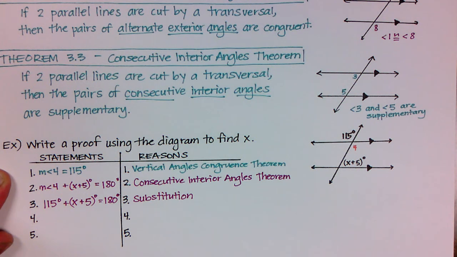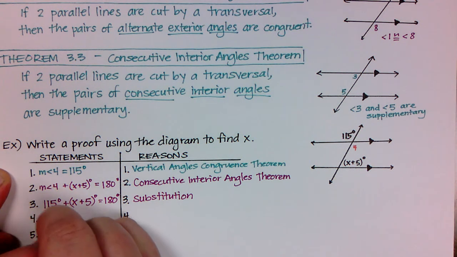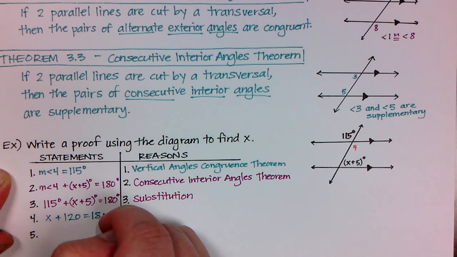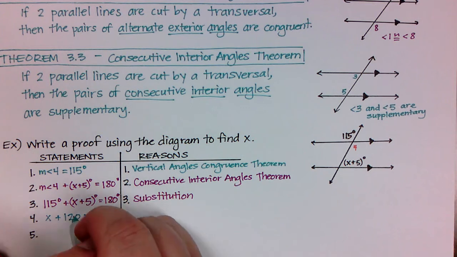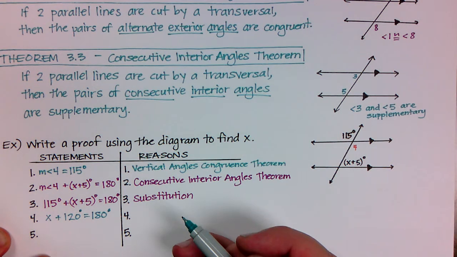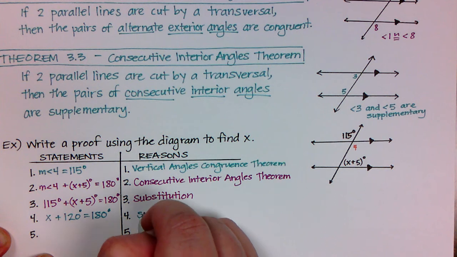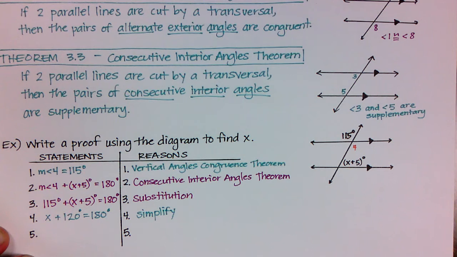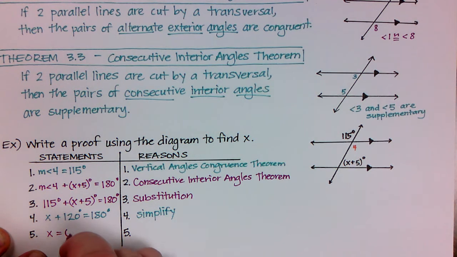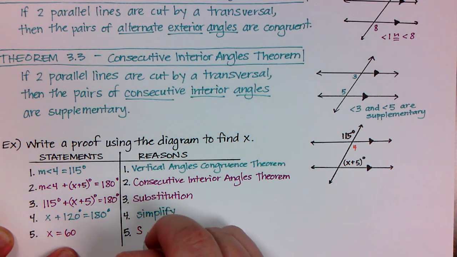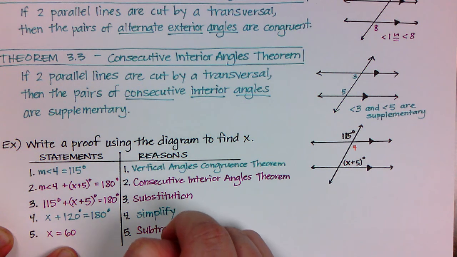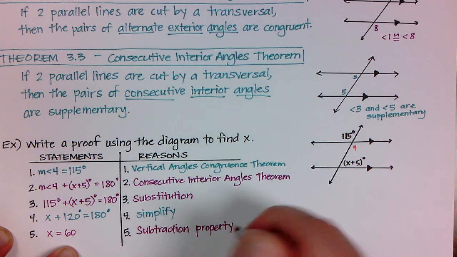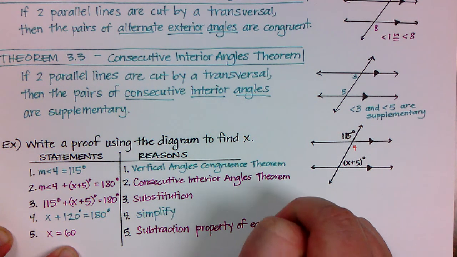Now I'm just going to simplify what I have by combining. Okay. So this is simplify. And in the end, I find that x is going to equal 60. And this is from the subtraction property of equality. And I'm done. I found out what x was equal to.